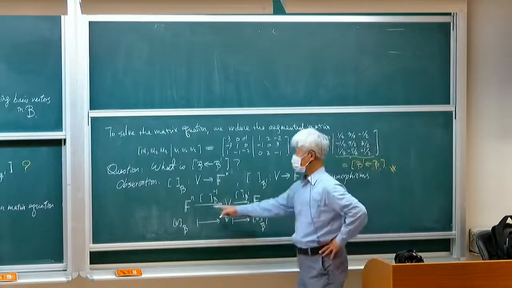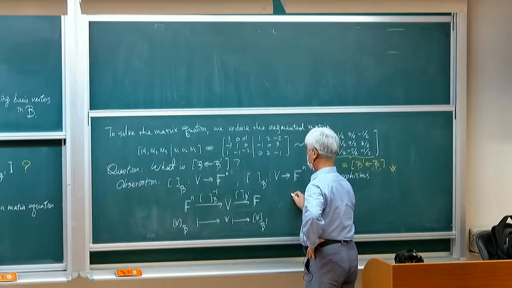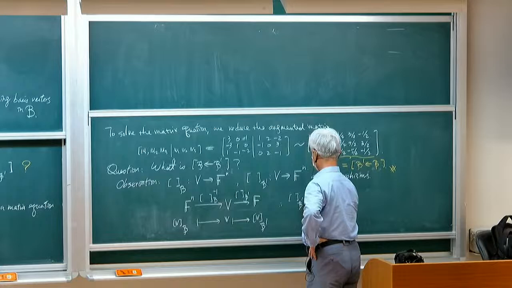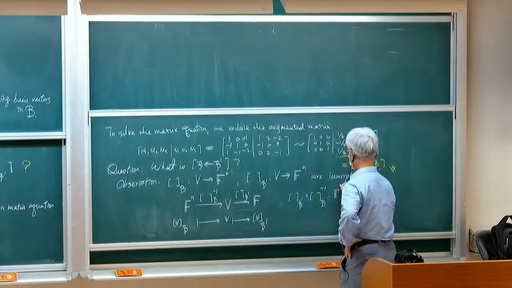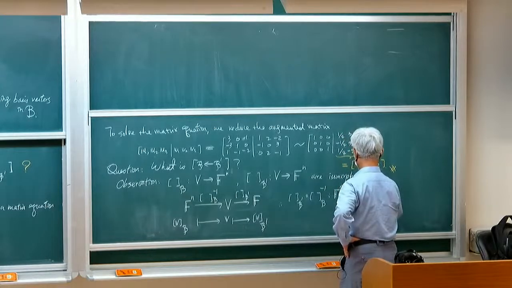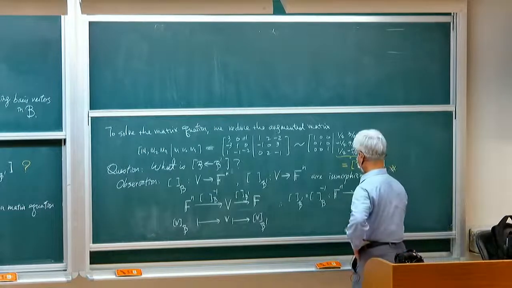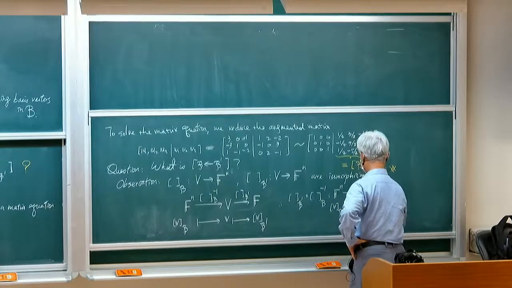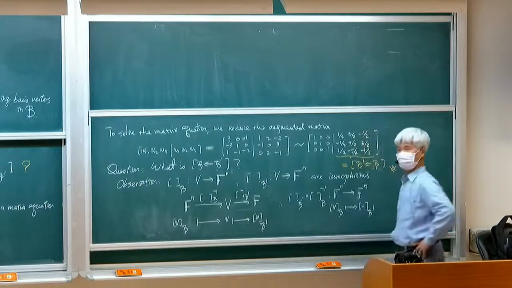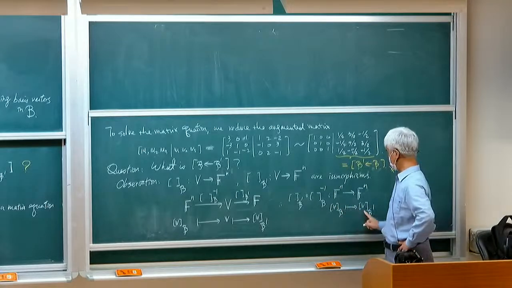Okay, so from this composition, we know that the composite, inverse, which is F, goes to, right? So this composite isomorphism gives us the isomorphism from the B coordinate system to the B prime coordinate system.